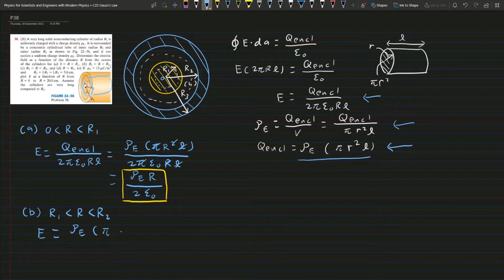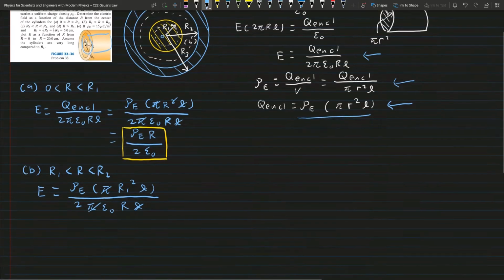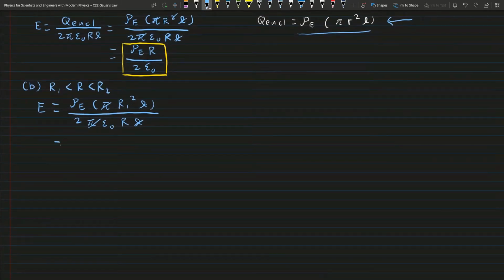We get pi R1 squared L over 2 pi epsilon naught RL. Again, we simplify it. We get rho E R1 squared over 2 epsilon naught R. This is the answer for B.